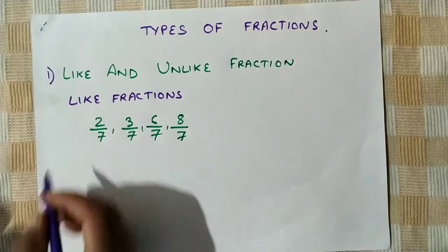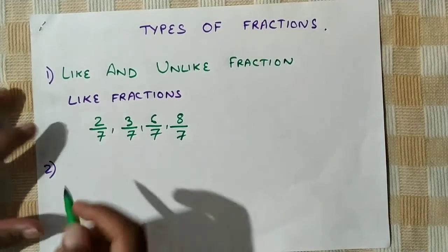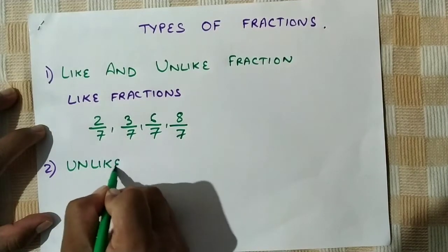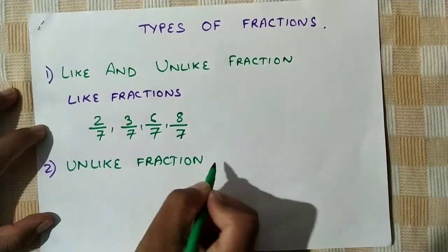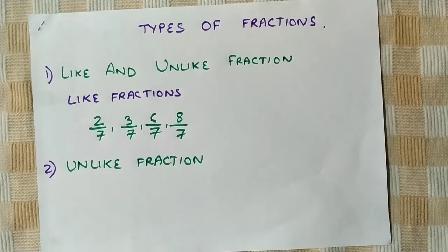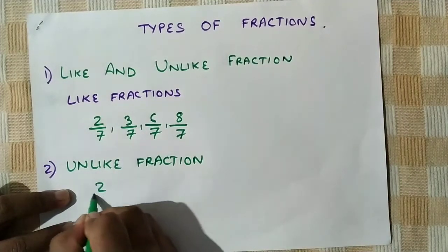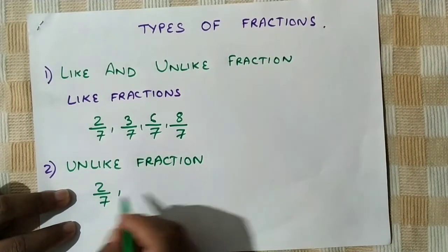Now number 2 is unlike fractions. So what are unlike fractions? Unlike fractions are completely opposite to like fractions. Fractions which do not have the same denominator are known as unlike fractions.